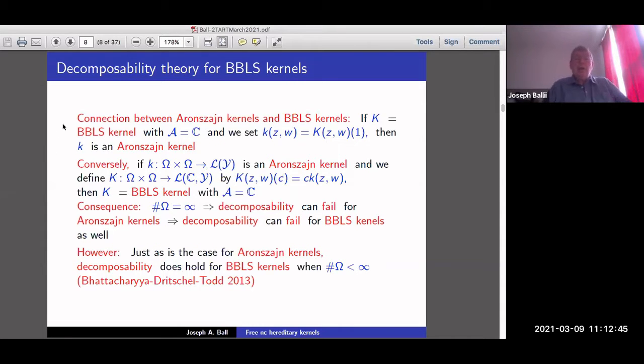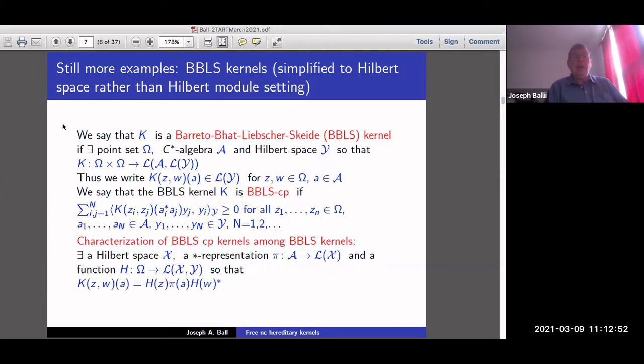So then we can ask the same question. We have a notion of real here also. So you can decompose a general kernel as a real plus i times a real, a linear combination of reals.